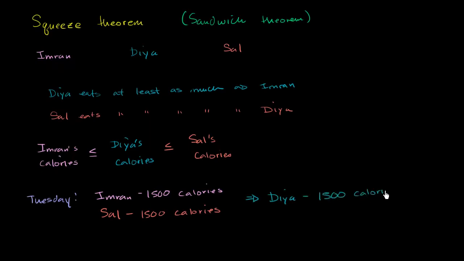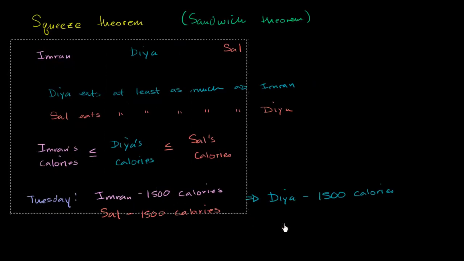And the squeeze theorem is essentially the mathematical version of this for functions. You could even view this as Imran's calories as a function of the day, Sal's calories as a function of the day, and Dia's calories as a function of the day is always going to be in between those. So now let's make this a little bit more mathematical.